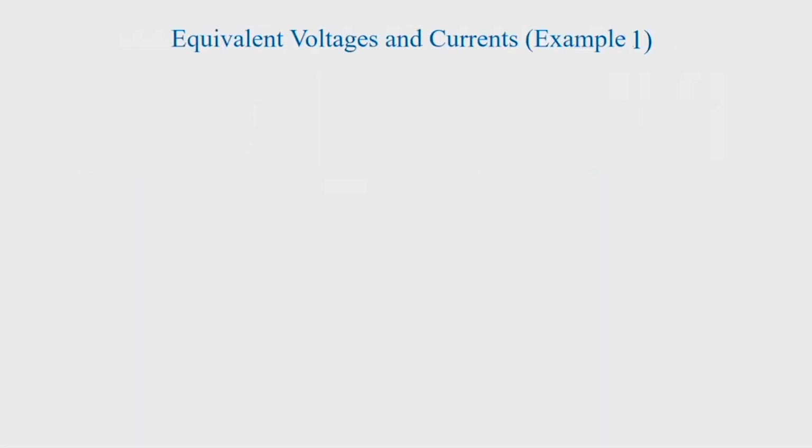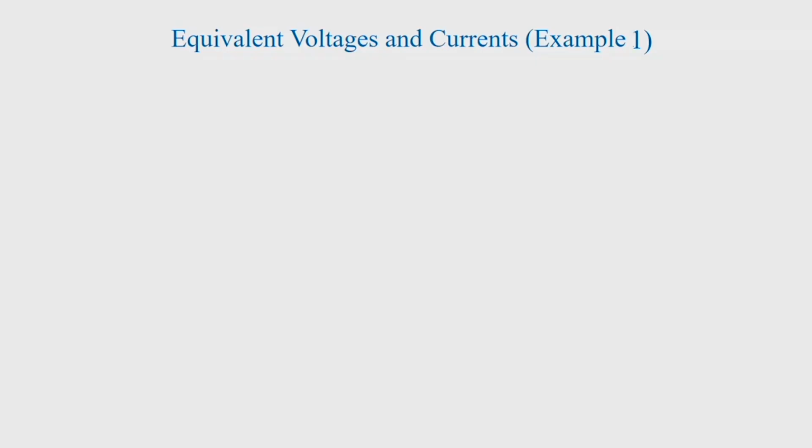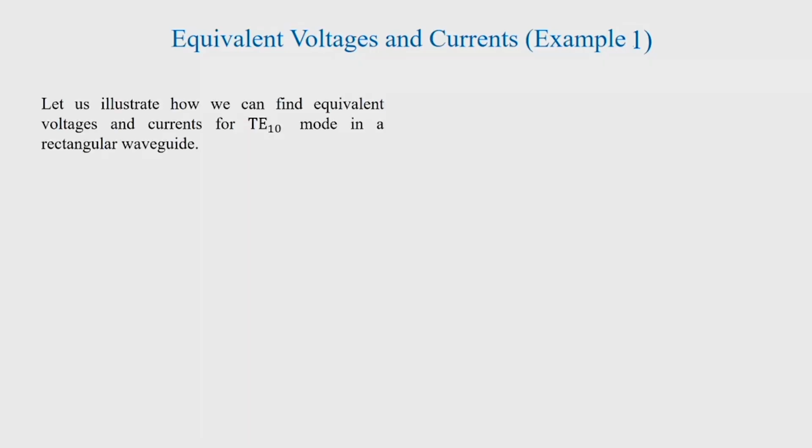We discussed equivalent voltages and currents. So, let us consider an example to illustrate how we can find those equivalent voltages and currents for a propagating mode in a waveguide. To illustrate this, we consider TE10 mode propagation in a rectangular waveguide.